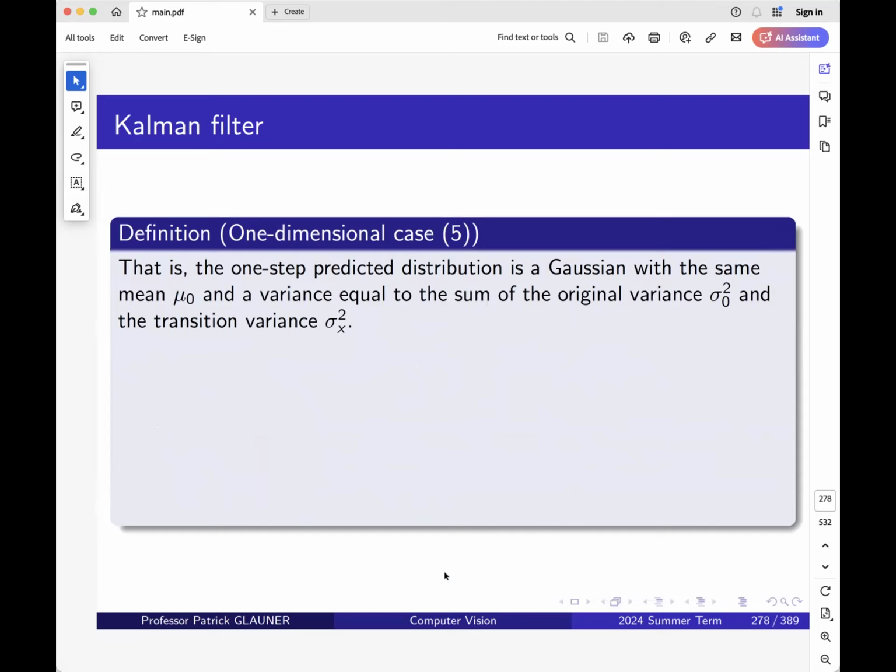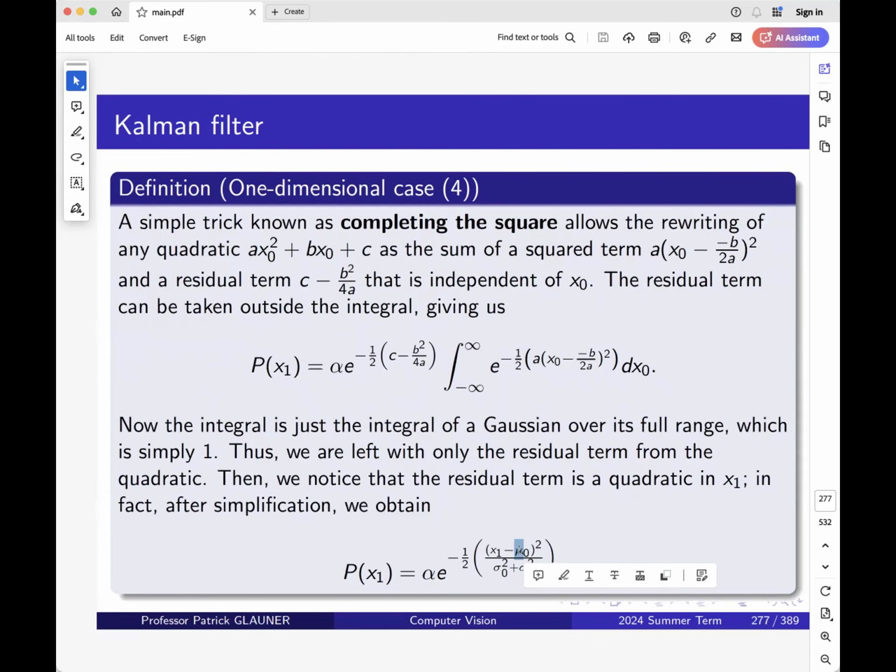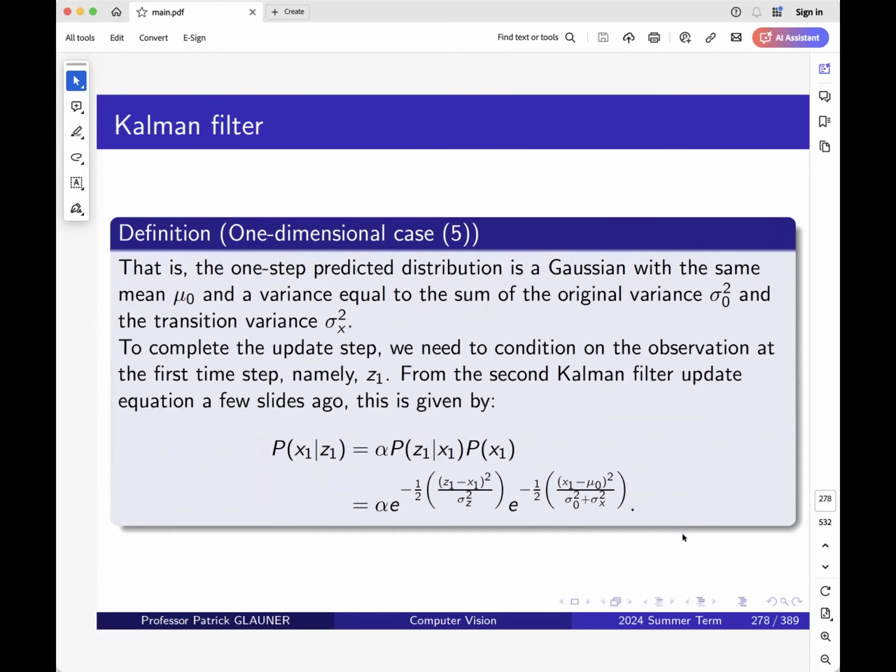So this one-step predictor distribution is, again, a Gaussian with the same mean mu0 from before, and we have these two variances. This is something we'll generalize a little bit more later, and it's one of the key insights of the Kalman filter, that such updates only depend on the mean and the two variances, the original variance and the transition variance.